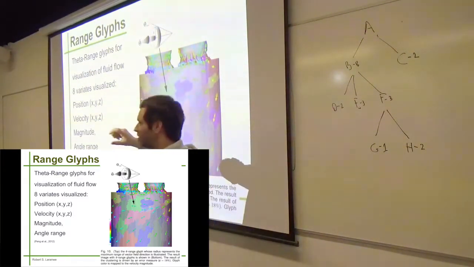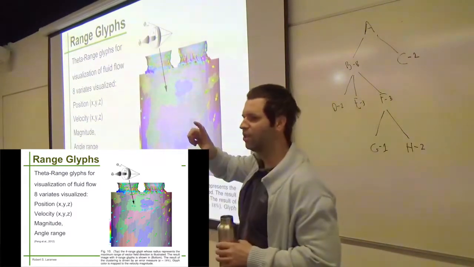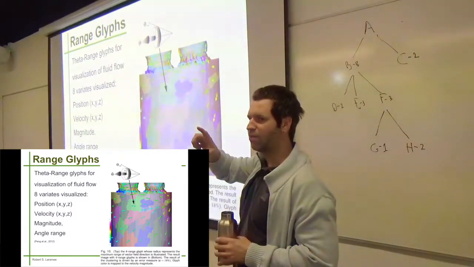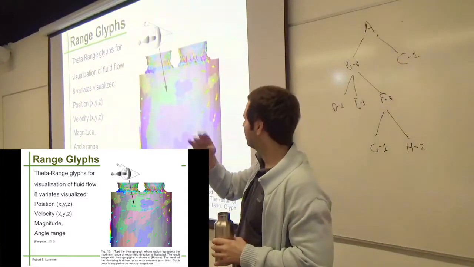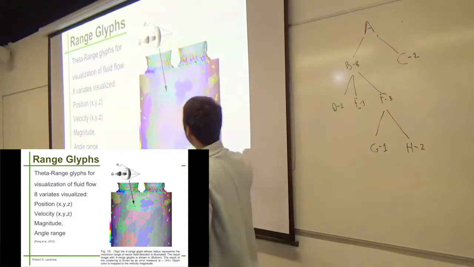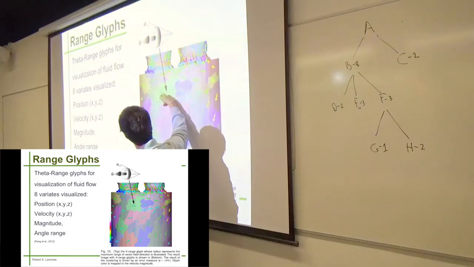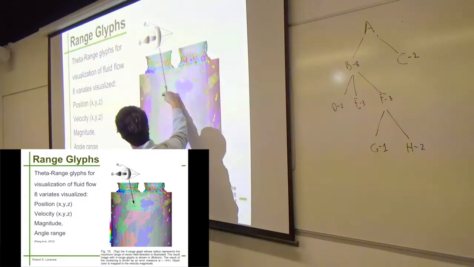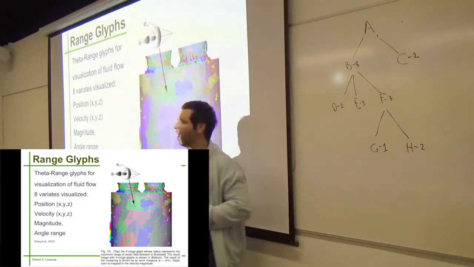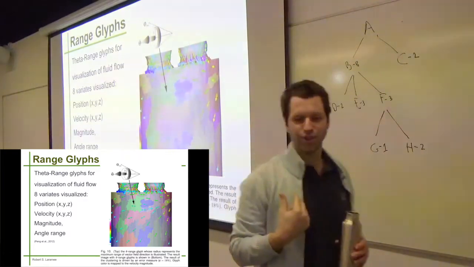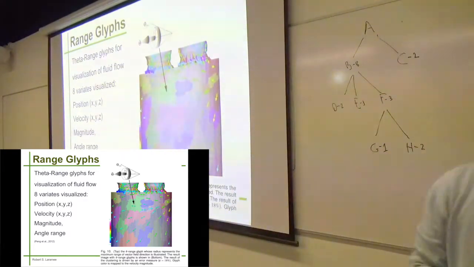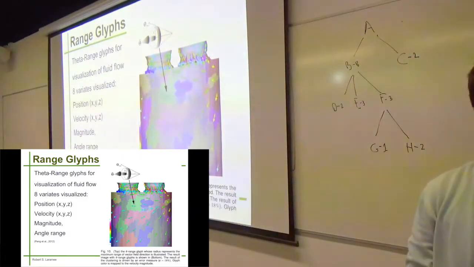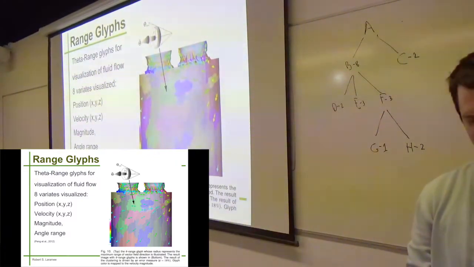And then the radius of that ring is increasing or decreasing depending on the range of angles represented by that glyph. Right? This glyph is pointing in a direction, but then it represents this cluster of glyphs, and inside the cluster you find that range of angles from the average. It's just some examples of how we can try to represent 8 variates, for example, at the same time.